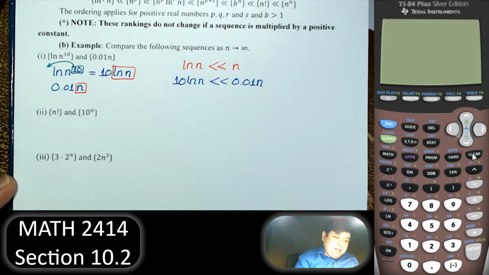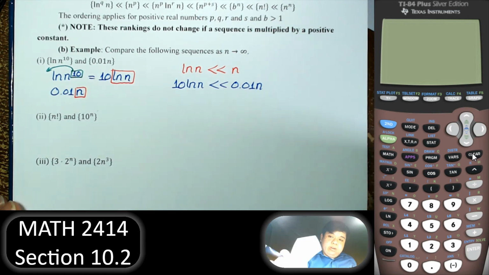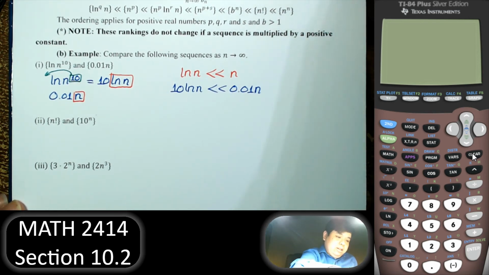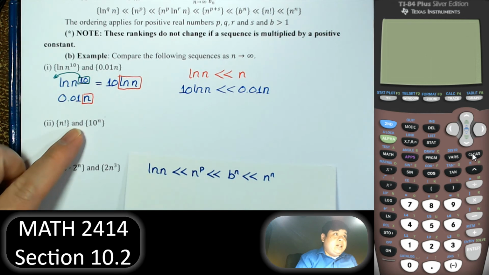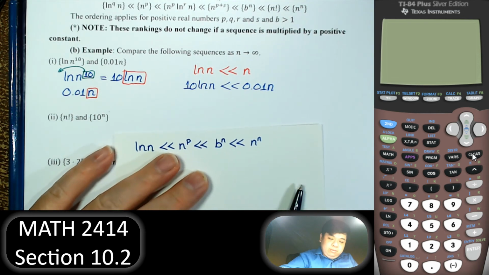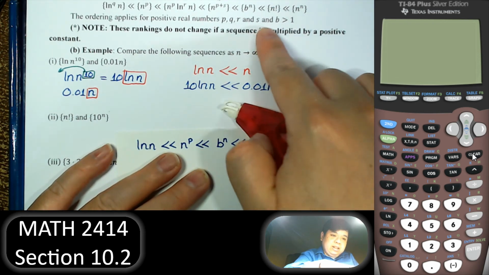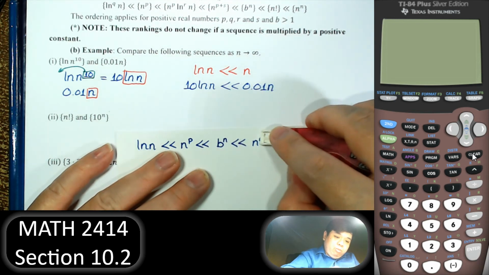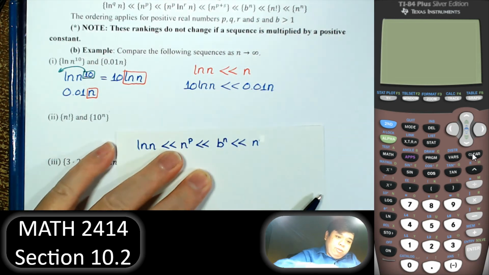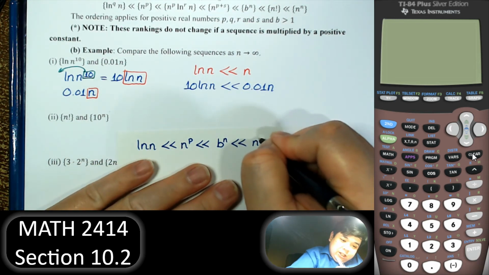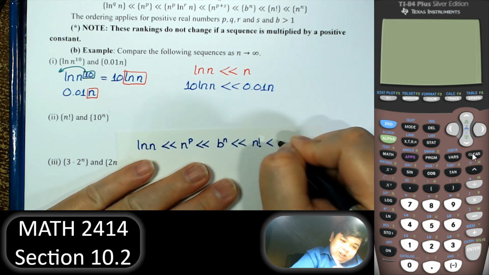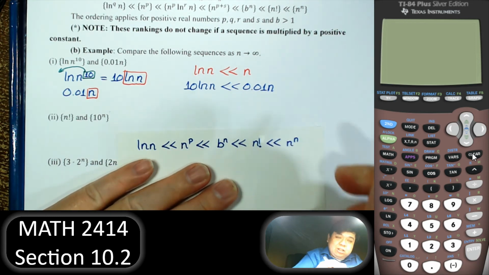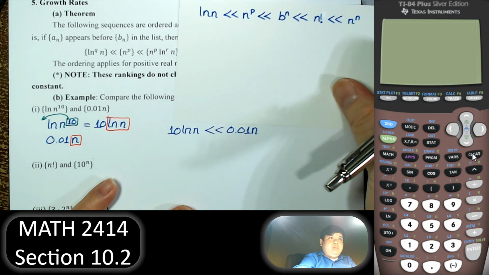Next, n factorial and 10 to the n. Now we just compare which is bigger. Factorial, then super exponent.